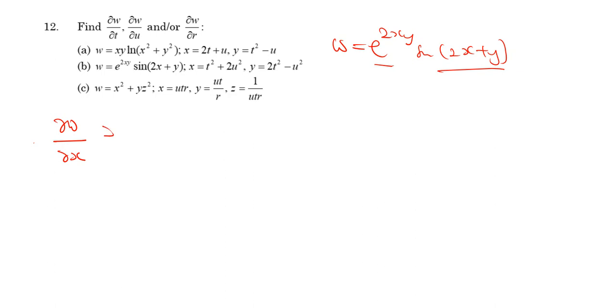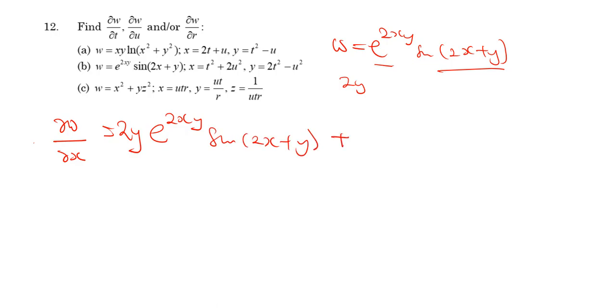With the product rule, I differentiate the first part, e to the 2xy, so in the power I differentiate with respect to x. Then I multiply that, and I will remain with 2y. Then I write out my sine of 2x plus y and do nothing to it.